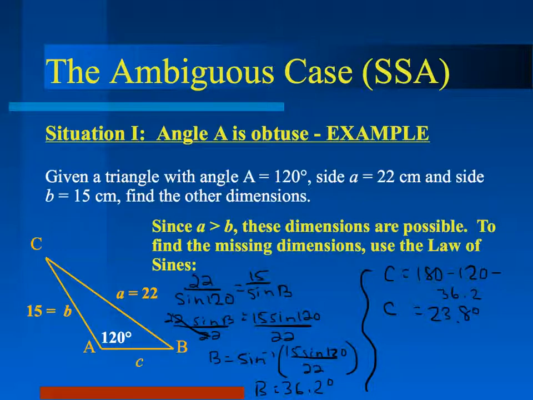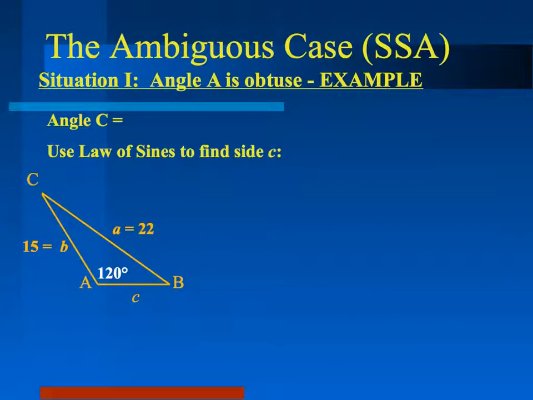You could also find angle C by setting up a similar fraction and doing the inverse sine to get angle C. But I think this is much faster. Okay, and this is just to give us some more work to find little c, but I did it using subtracting from 180.